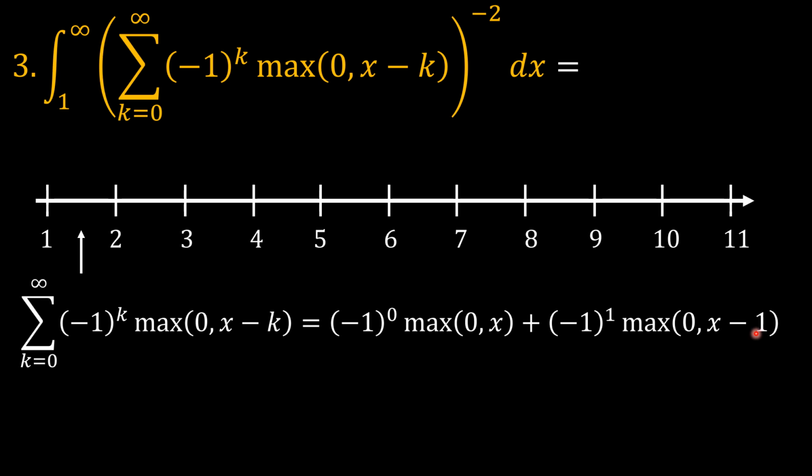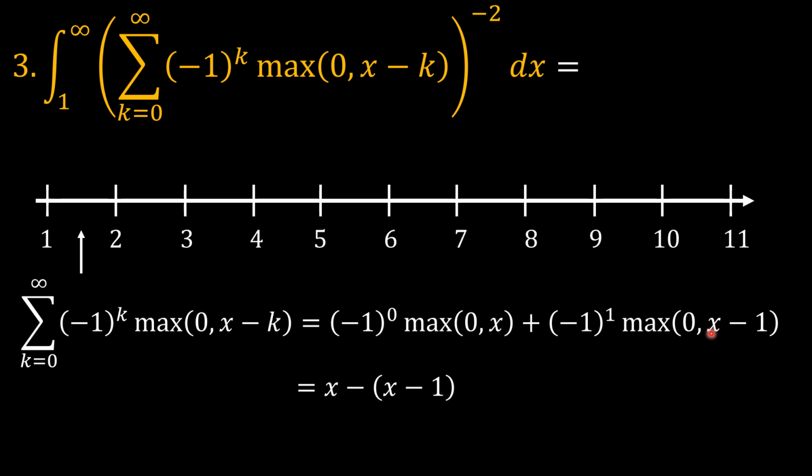Why have we ignored the rest? Because between here x minus 2 is less than 0, so it all becomes just 0. Okay, so here this becomes obviously x, because x here is greater than 0, so it becomes x.